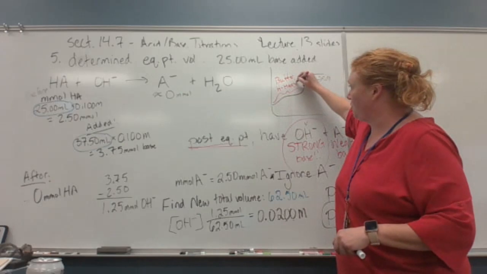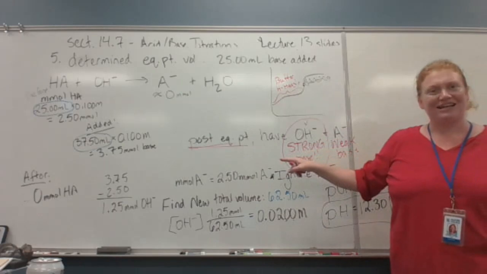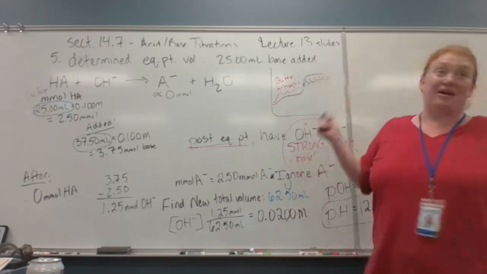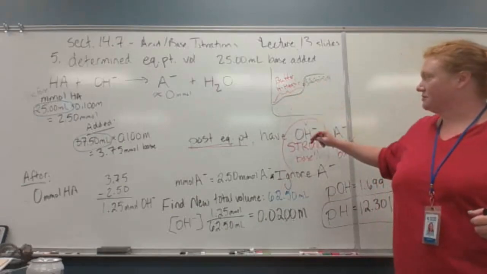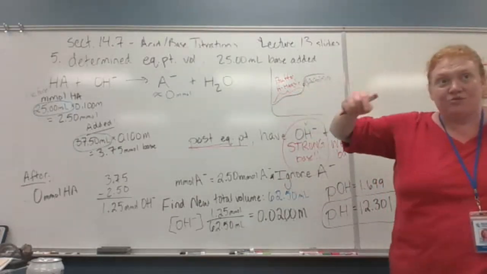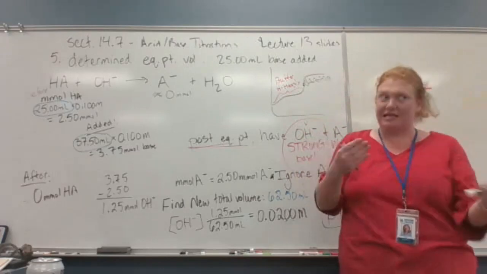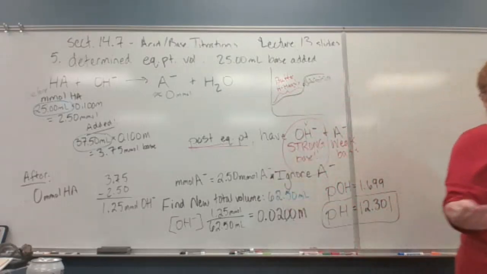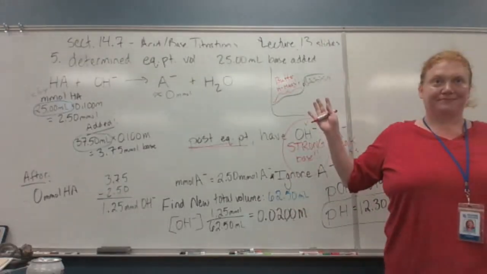But post-equivalence point, because we have excess strong base, it's not a buffer anymore. Pre-equivalence point, while we're adding OH minus, it's not enough. It's just enough to create that buffer situation. But post-equivalence point, it's too much.